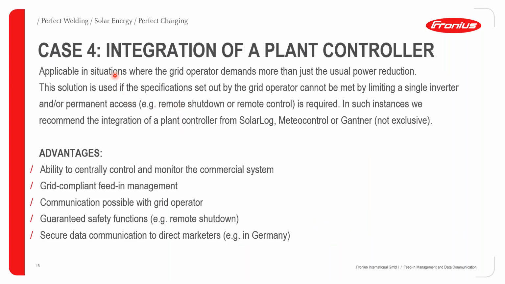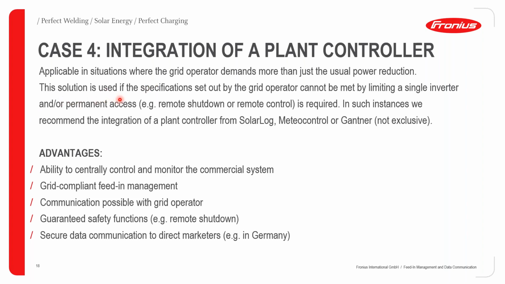Good. So let's now go to the fourth and final scenario, but this is actually a very peculiar one. We're talking about integration of a plant controller. This is applicable in situations where the grid operator demands more than just the usual power reduction.